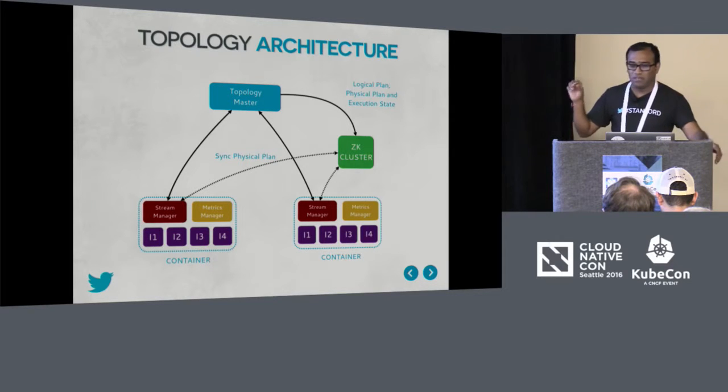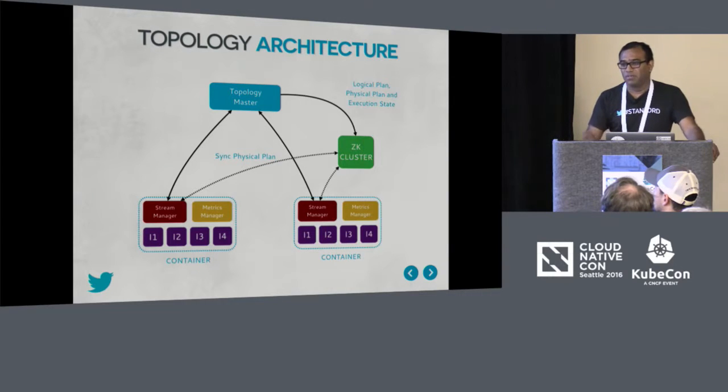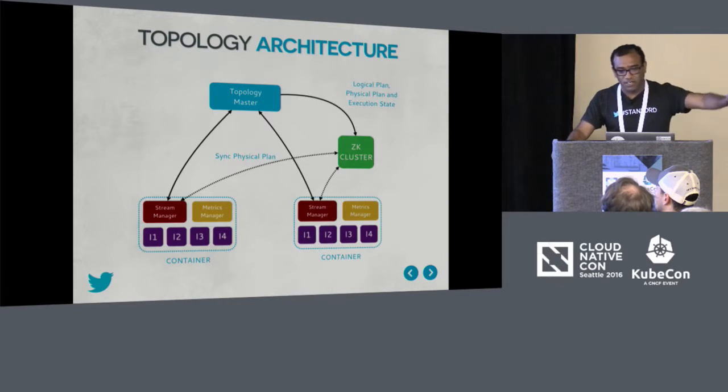Because we wanted isolation at the task level, container level, as well as topology level, we made each task an individual process on its own, so that you can connect to it and query its memory, or you can heap dump it, or you can even do performance profiling of the task without affecting anybody else.